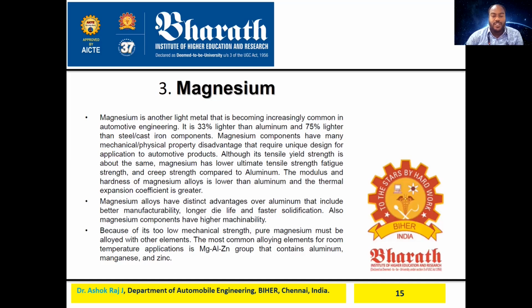Also, magnesium components have higher machinability, and because of its low mechanical strength, pure magnesium must be alloyed with other elements. The most common alloying elements for room temperature application are the magnesium aluminum zinc group that contains aluminum, magnesium, and zinc.